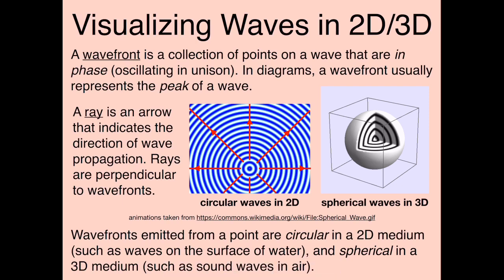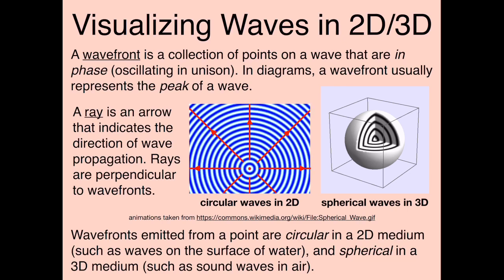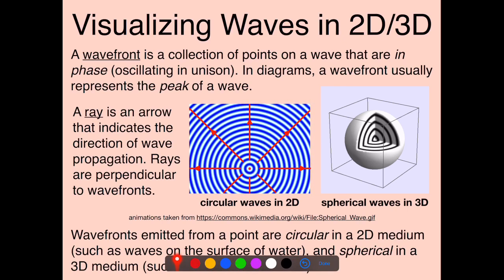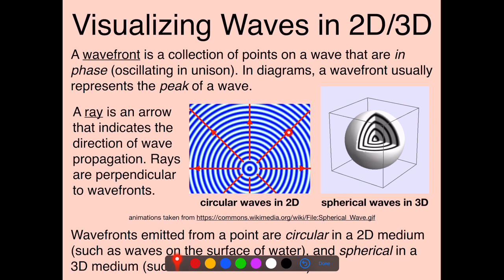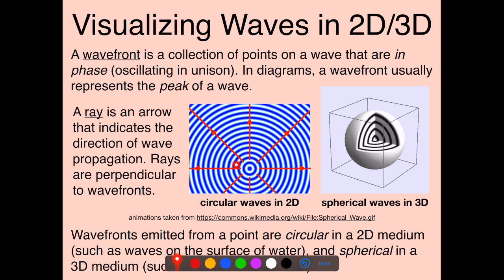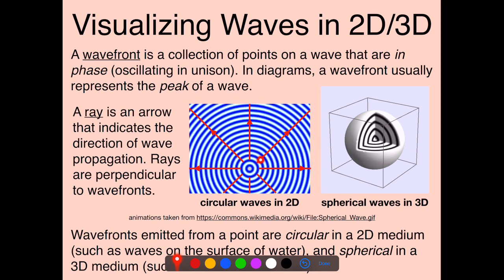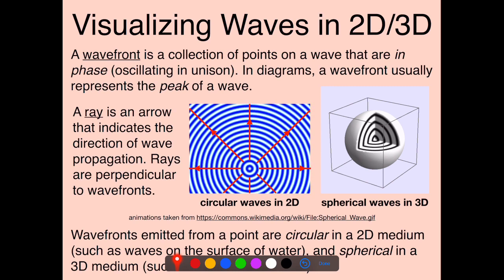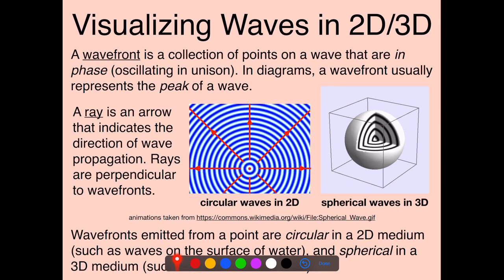So if we actually look at this animation then, as our little mass bobs up and down in the pond, we know it sends out these ripples, and we can visualize those as these circular wavefronts that are moving outwards away from the source. And the rays are just there to tell us which way those wavefronts are moving.